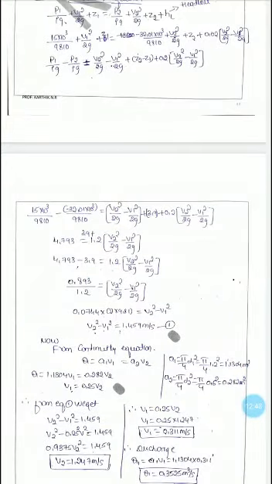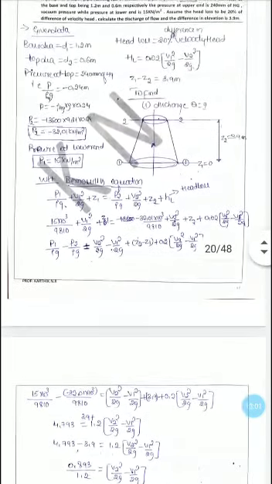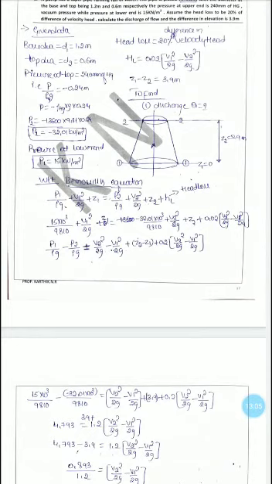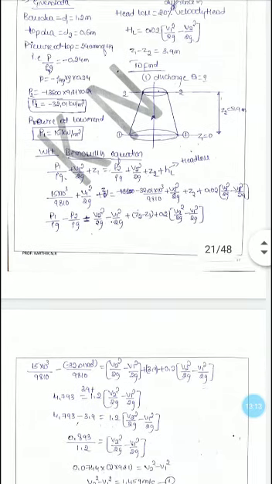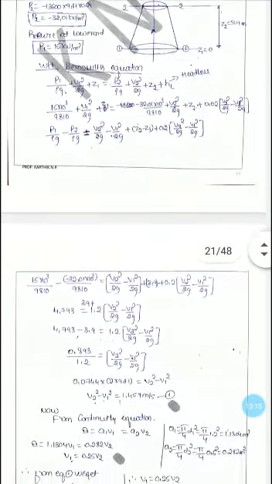After writing the similar terms on one side, we get P1 minus P2 divided by rho g equal to 4.793. Here the head loss is 0.2. But here we wrote 0.02, so take note, there is a mistake in that. In the first given data, the head loss is not 0.02, it is 0.2. We corrected it in the Bernoulli's equation substitution.